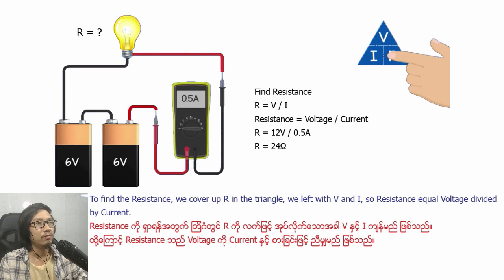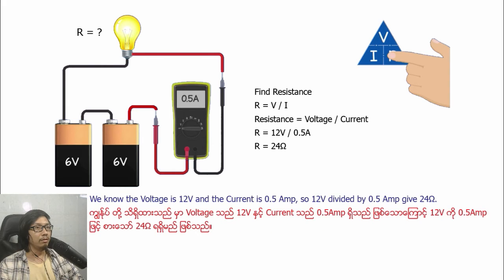We are left with V and I. So resistance equals voltage divided by current. We know the voltage is 12 volt and the current is 0.5 ampere. So 12 volt divided by 0.5 ampere gives 24 ohm.